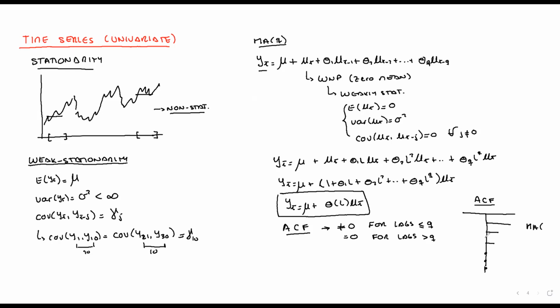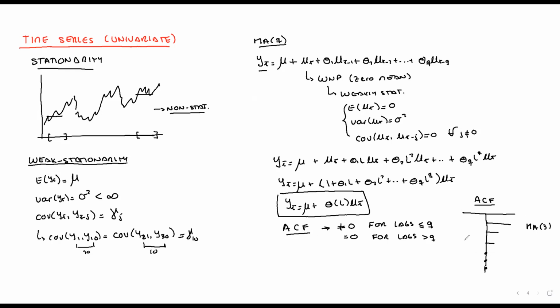Because in the ACF, the lines disappear after that, and it goes back to 0. What is the order of my MA, guys, according to this graph? MA(3). Exactly. Why 3? Because after 3, my autocorrelation function simply goes to 0.